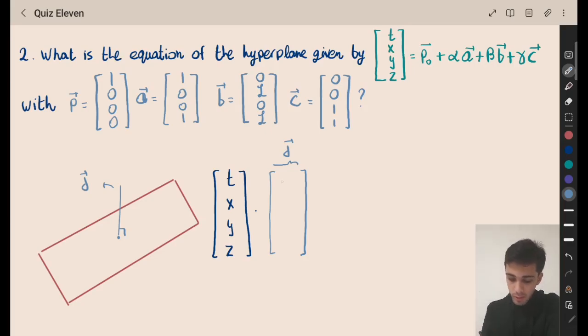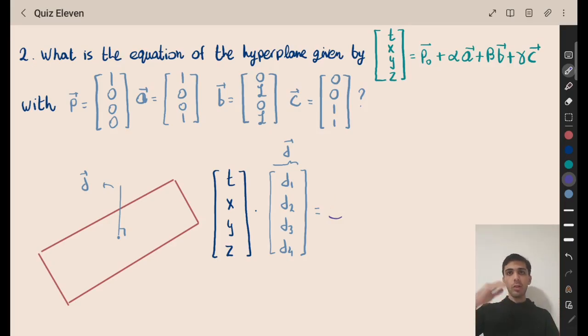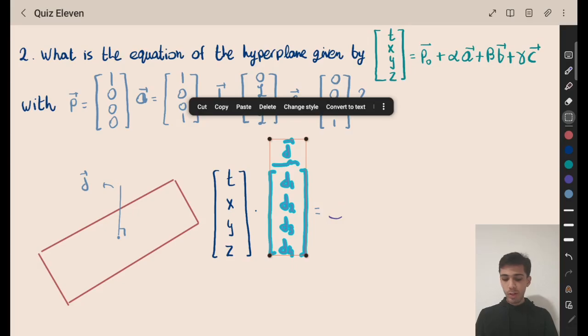It has some coordinates, and when I perform this, I should get some number, the height at which the plane lies. So I think we would like to find this vector. I think it would be very, very meaningful.